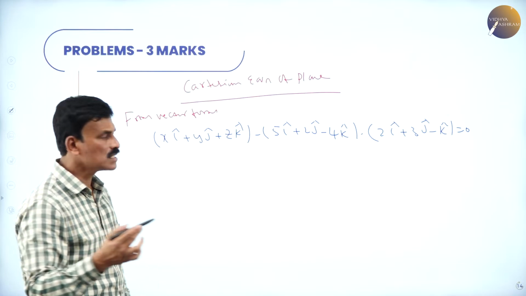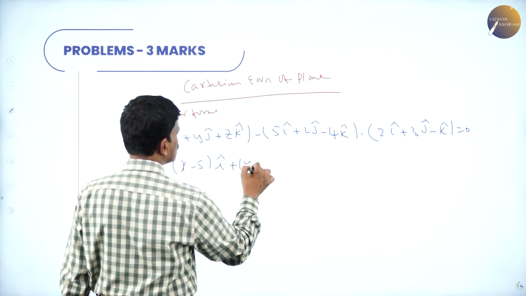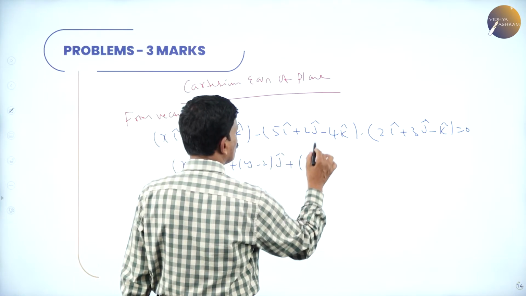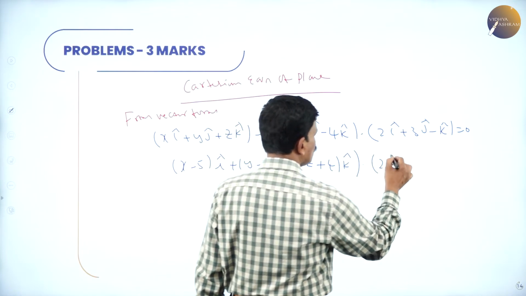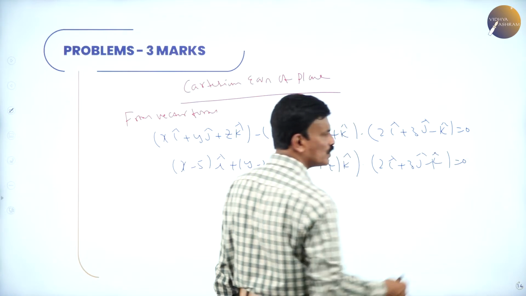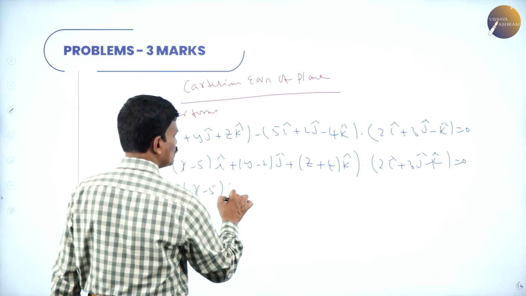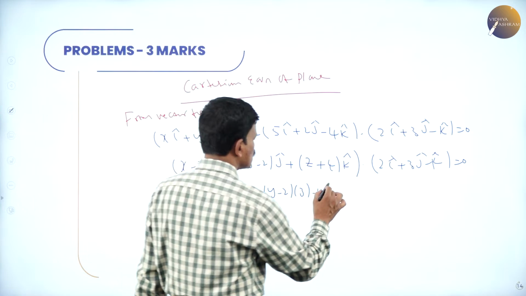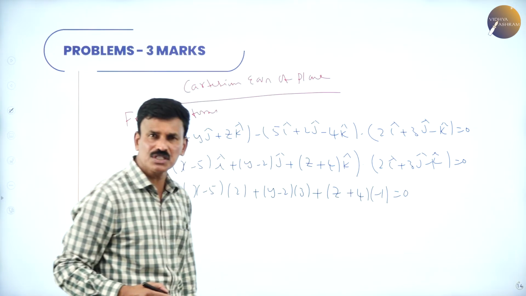Let us simplify this. We get ((x - 5)i + (y - 2)j + (z + 4)k) · (2i + 3j - k) = 0. Now write down the dot product of these two vectors: (x - 5)·2 + (y - 2)·3 + (z + 4)·(-1) = 0.